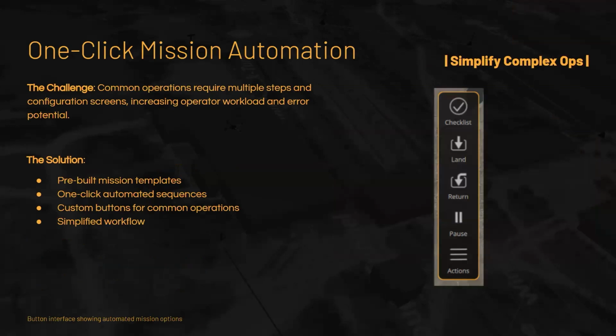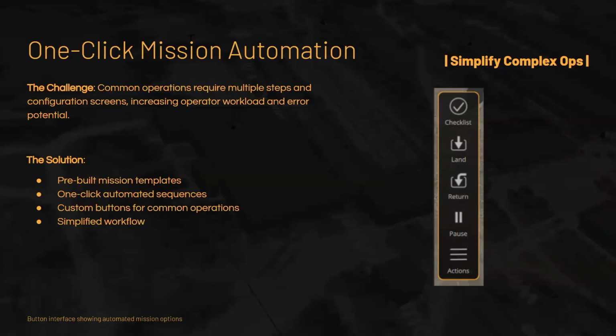The next one would be one-click mission automation. Very often you might have things that take multiple steps that are a pain point in your flying. As an example, if you try to plan out a landing while you're flying, that can be super annoying and error prone.